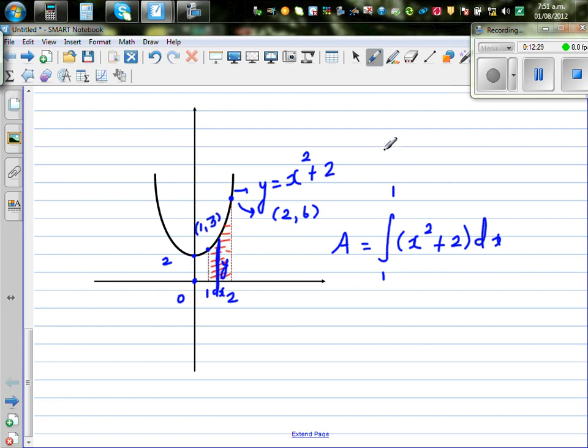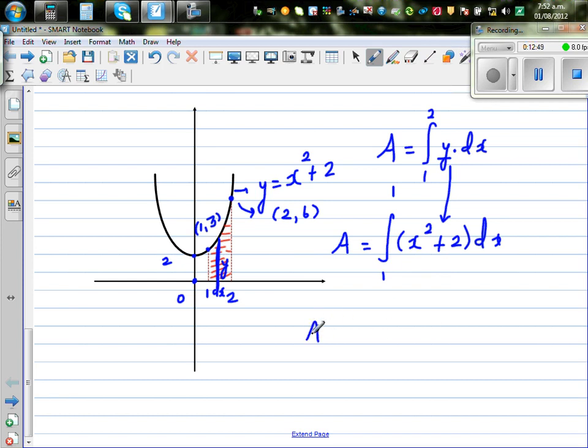So the area would be the integration between 1 to 2 of y dx, where y is your height and dx is your width, and in place of y I have put the function which is x squared plus 2.